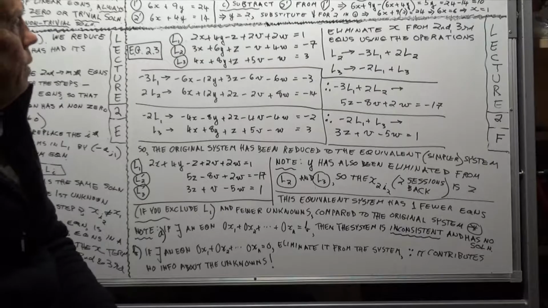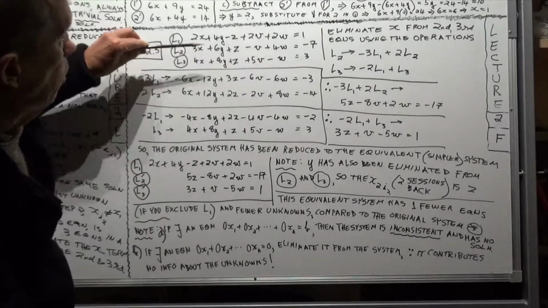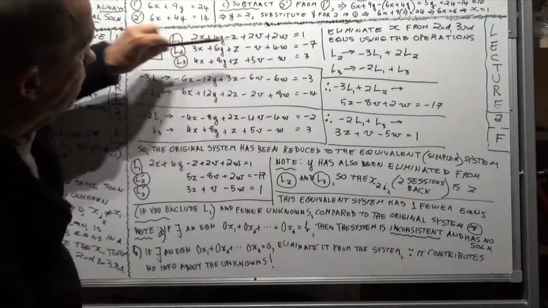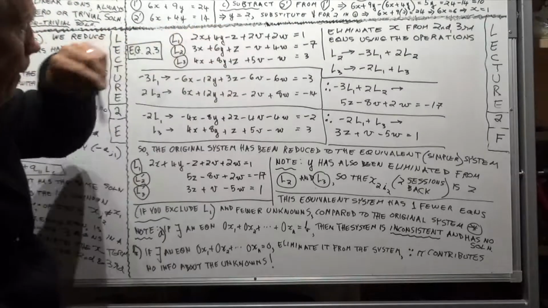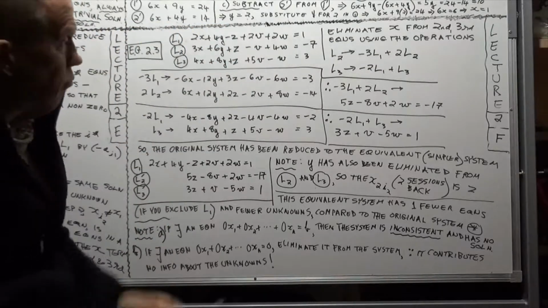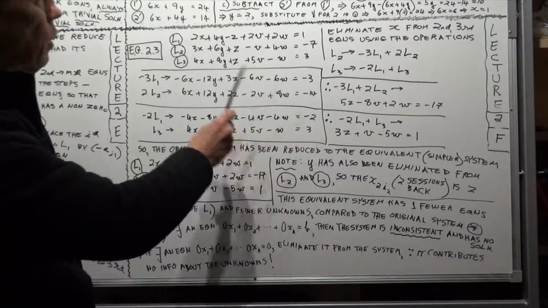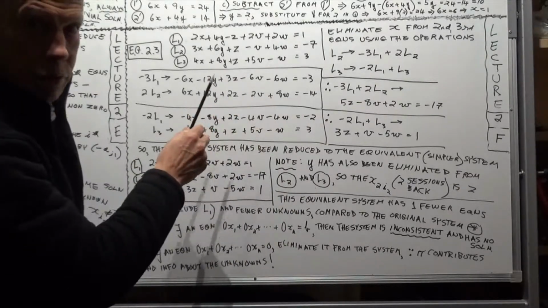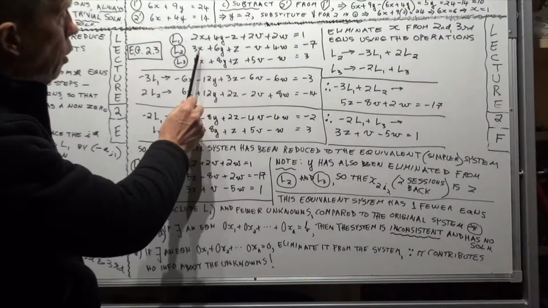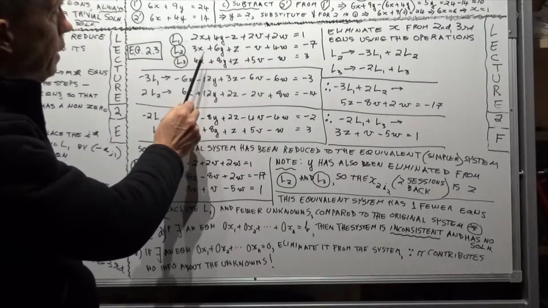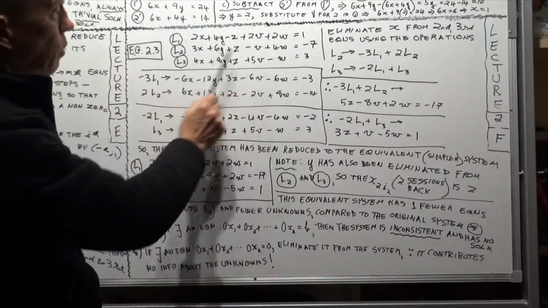Right, so now we will replace the second and third equations, or lines, with equations that are shorter, where the coefficient of the x in the new line 2 will be 0.